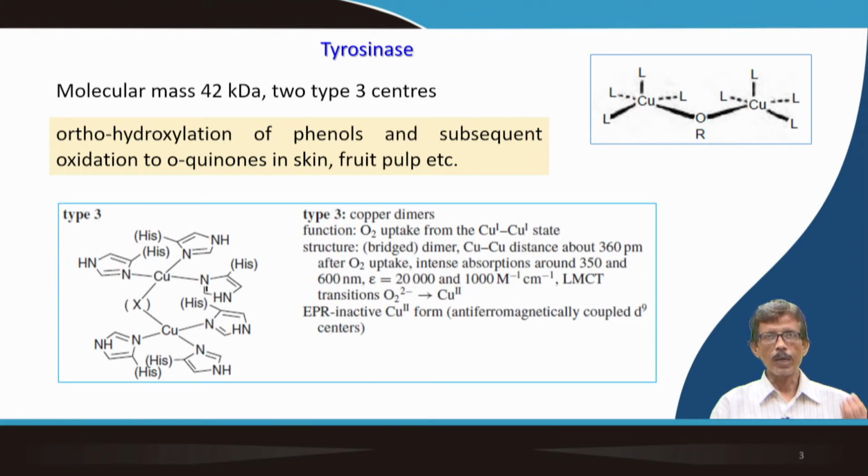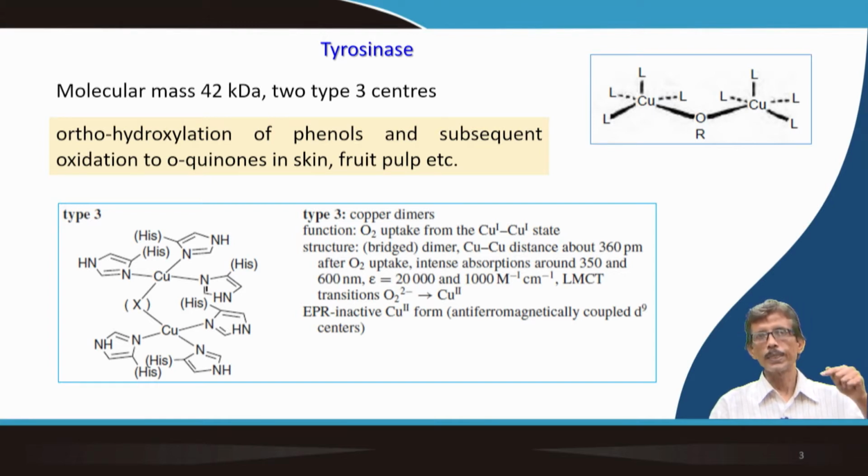So, like type 1 and type 2, we have now reached type 3. How will you be able to identify it schematically? If this site is given to you, you should be able to tell that it is not type 1, not type 2, it is type 3.